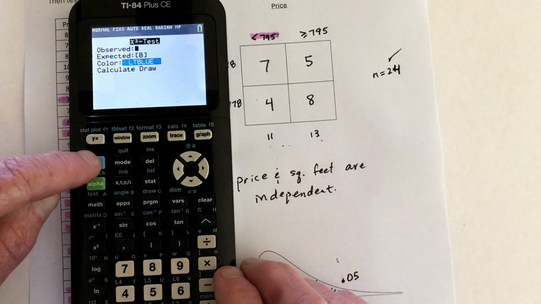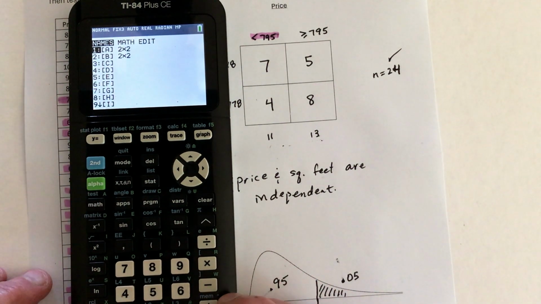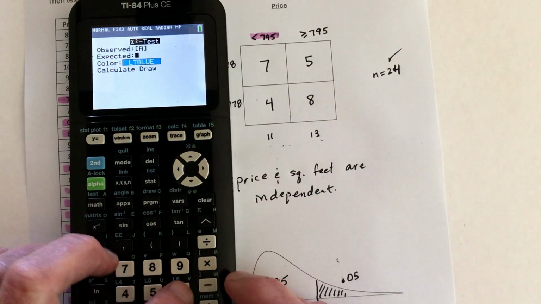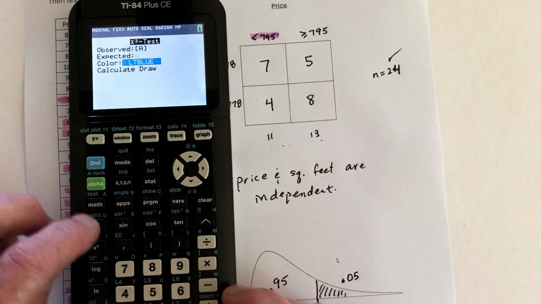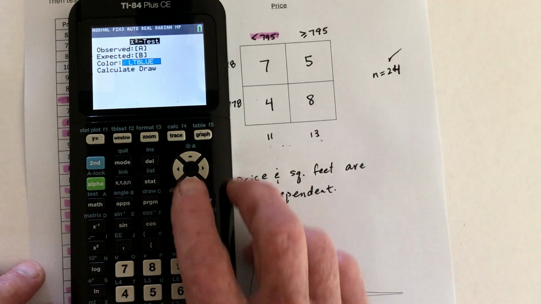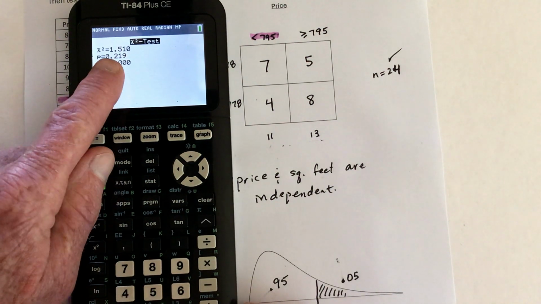We'll just go back to second matrix, and then that's A, and now it's back. And if somebody messed up this one, then you would just go second matrix, go to letter B, and then it's set. And then go down to calculate.